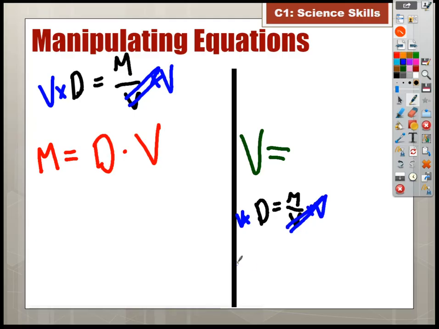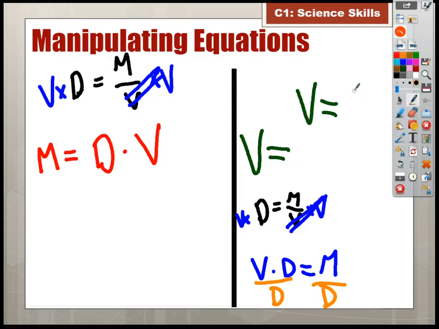That'll cancel it here, and I will be left with V times D equals M. But I don't want M. I want V. So I'm going to divide both sides by D. And that will give me my final answer of V equals M over D, like that.